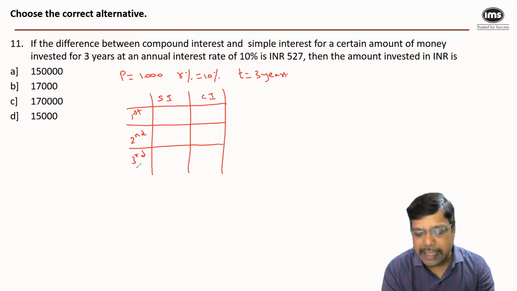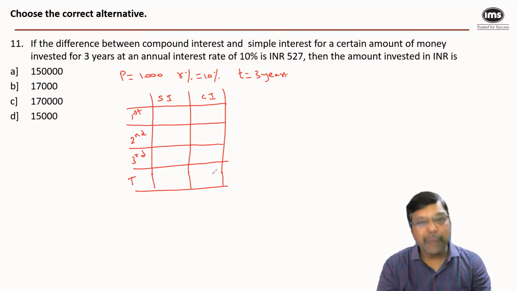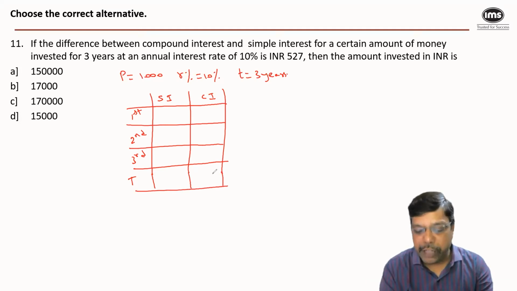Now we know simple interest is same for every year, which will be on the principal, that is 10% of 1,000, which is 100. So the total simple interest becomes 300.